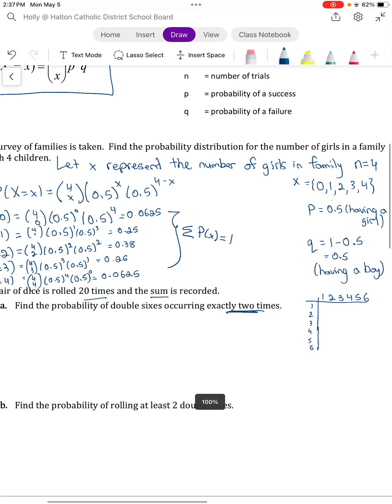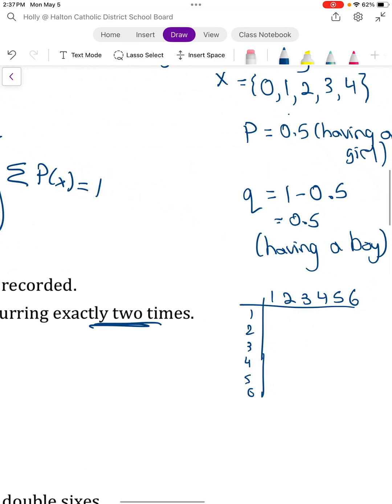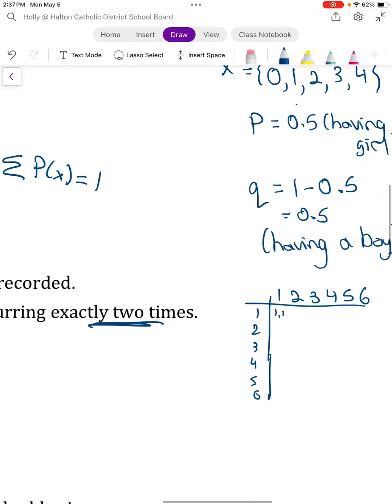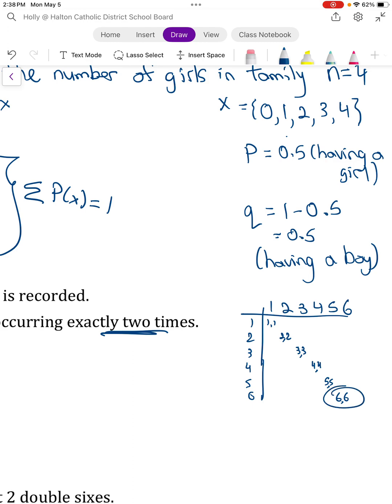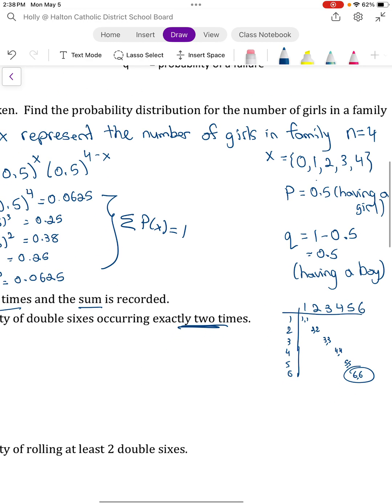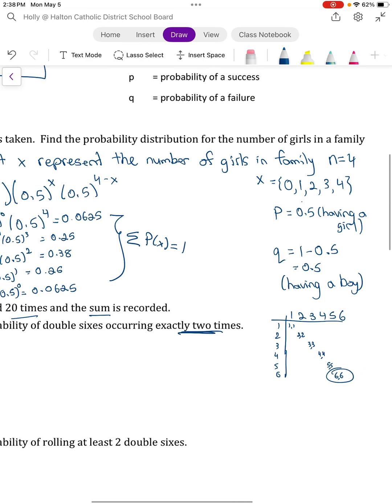So just a reminder of how this chart works, I would have, say, 1,1, 2,2, 3,3, 4,4, 5,5, 6,6. Okay, so I'm looking for that combination where I roll the 2 dice and I get 6 and 6.